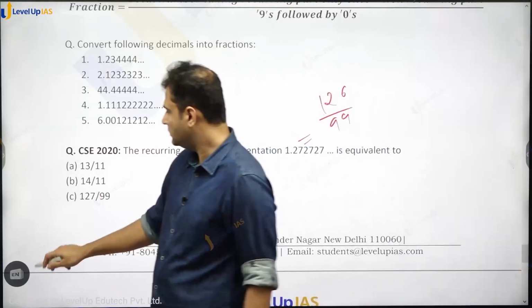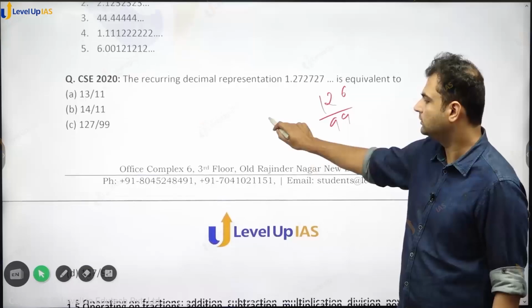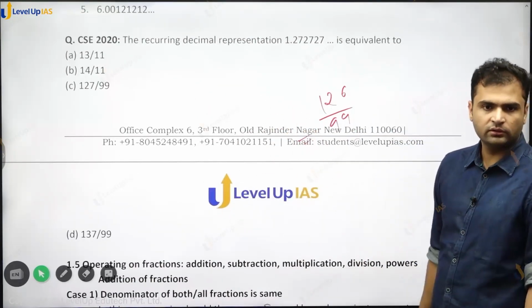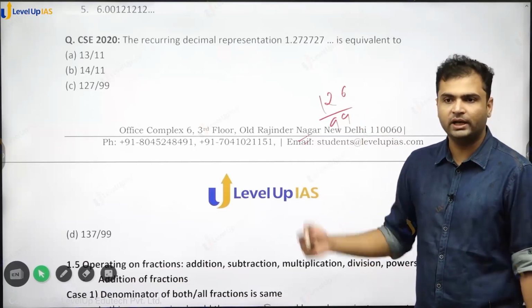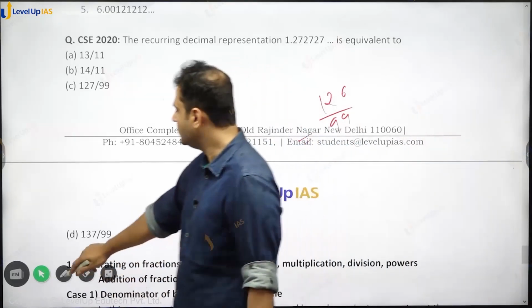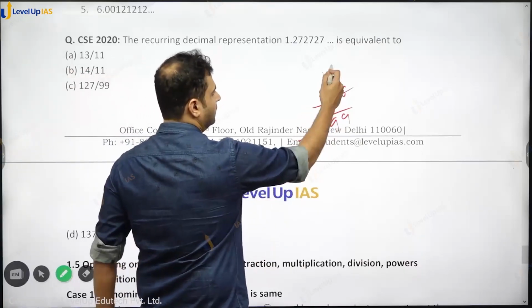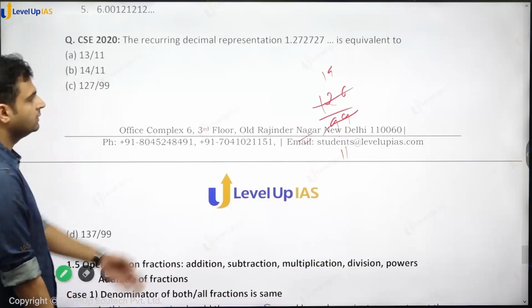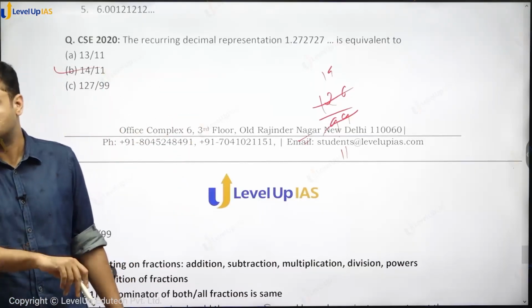Yes, that is not in the options as it is. ऑप्शन में नहीं है, you have to reduce it. 9 से डिविजिबल है दोनों, डिवाइड बाय 9 न्यूमरेटर एंड डिनोमिनेटर and you will get the answer. 14 9s are 126 and 11 9s are 99. We will have 14 by 11 as the answer.